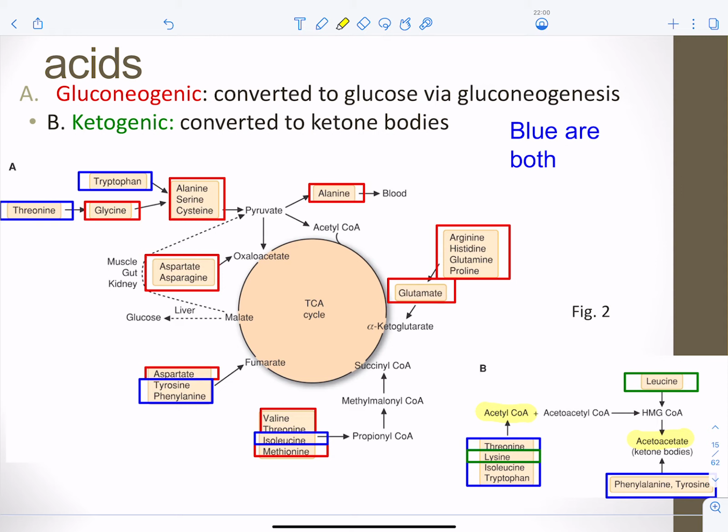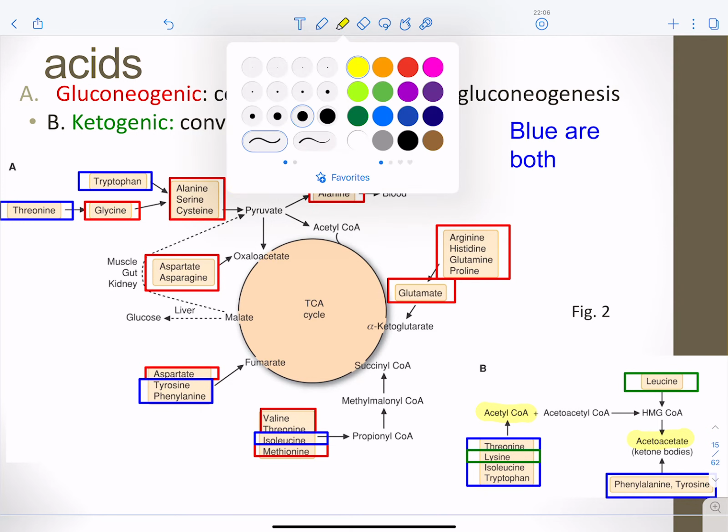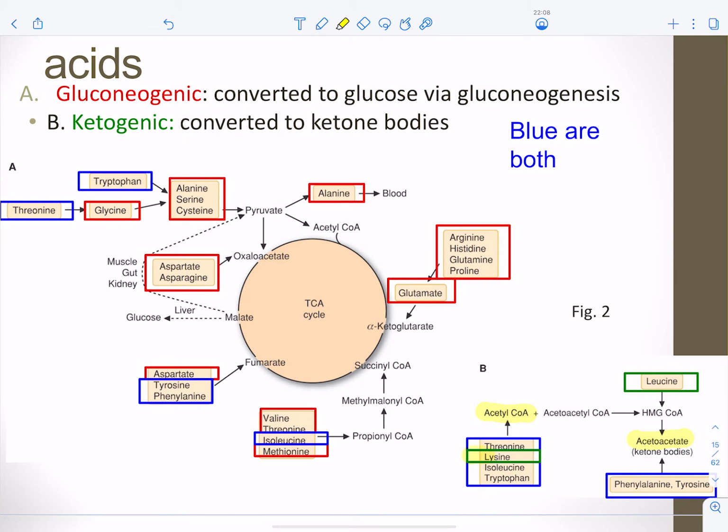So if you remember lysine, not isoleucine, lysine, and leucine, those are the two strict ketogenics. And then if you remember, threonine, isoleucine, tryptophan, phenylalanine, and tyrosine are ketogenic and gluconeogenic. All others, non-essential amino acids, become gluconeogenic. So just keep those in mind.